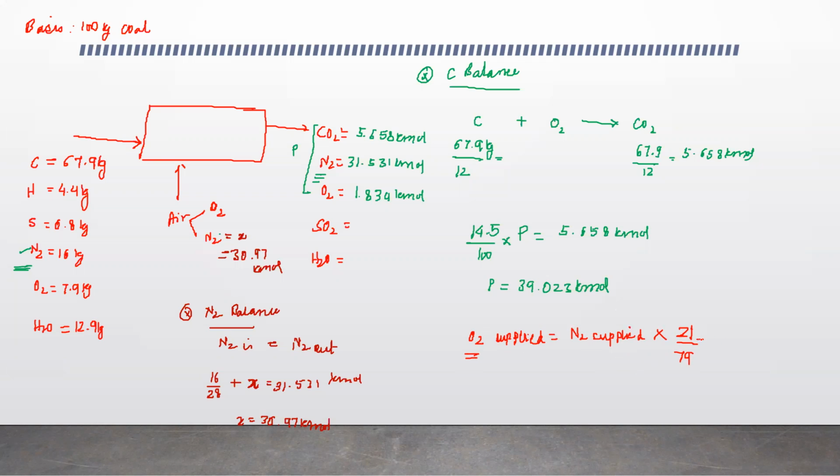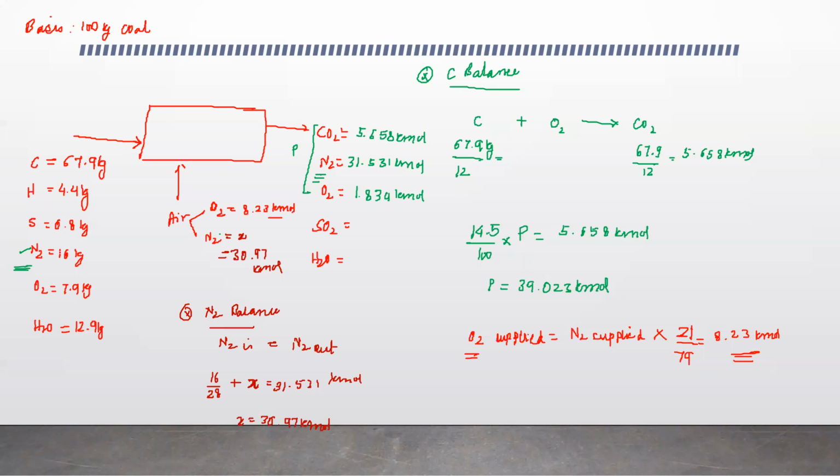So nitrogen supplied into 21 by 79, that is 30.97 into 21 by 79. So that is going to be 8.23 kilomole, right? That is your result. All right, that is the oxygen supplied, 8.23 kilomole. So once we have this information, then we can definitely start on calculating the other things.